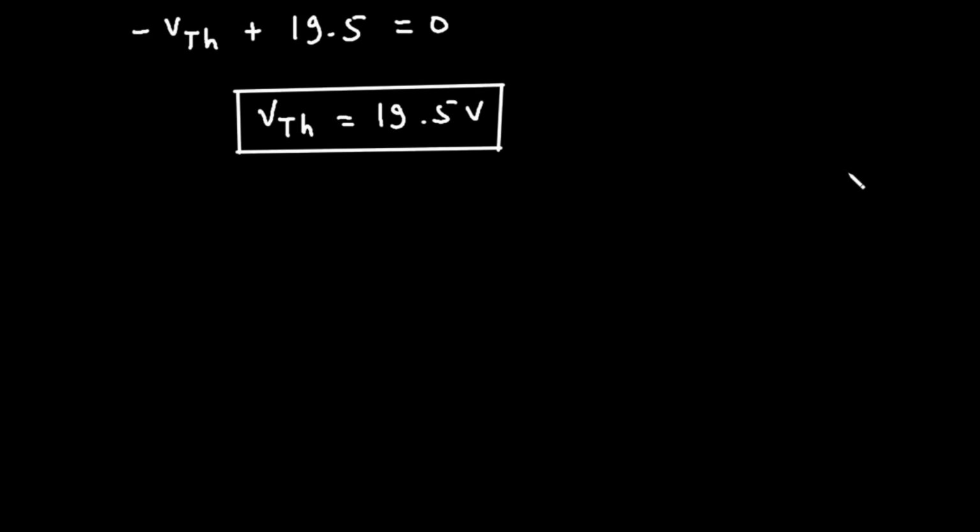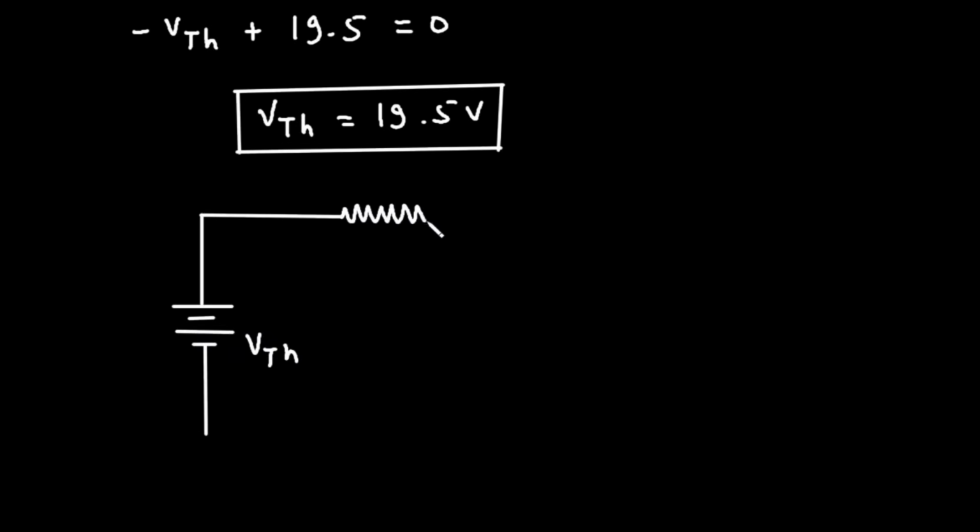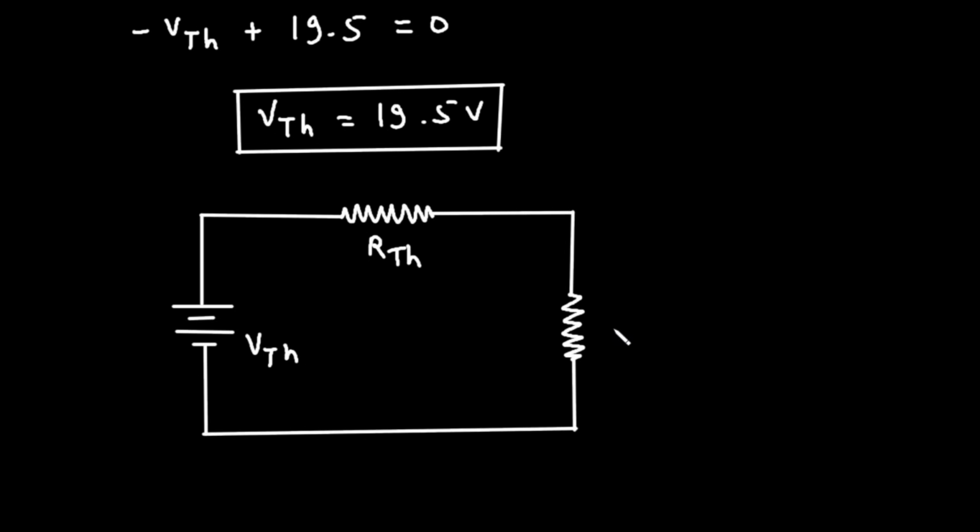We can simply draw Thevenin equivalent circuit, and Thevenin equivalent circuit is like this. This is our VTH. Then this will be our RTH, that is Thevenin's resistance. And this is our load resistor RL.